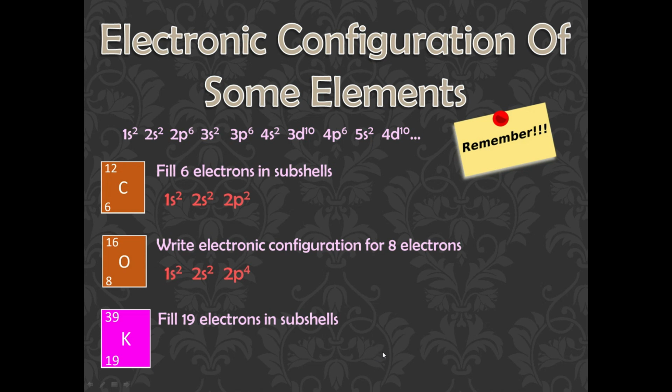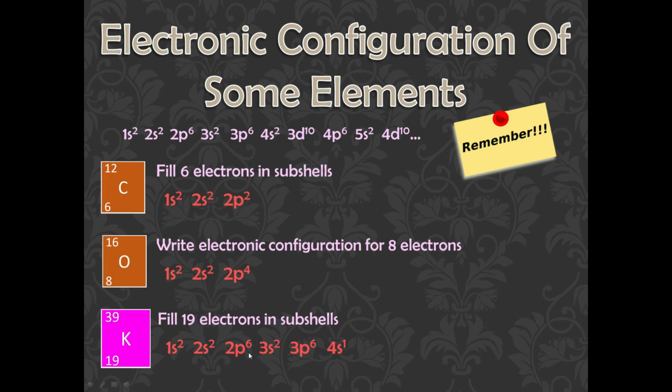So the electronic configuration for potassium will be 1s2, 2s2, 2p6, 3s2, 3p6, 4s1. These are total 19 electrons. Let's see how. 1s2, 2s2, total 4 electrons, 2p6. Till here we have filled 10 electrons. 2 plus 2 plus 6, 10 electrons.